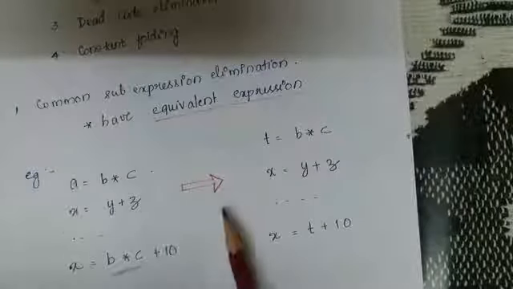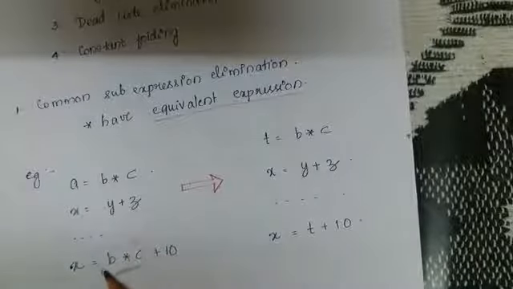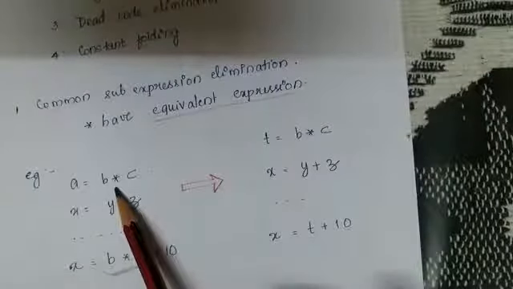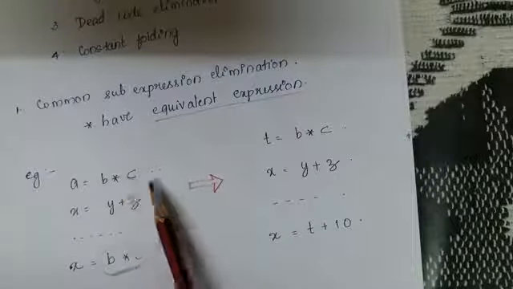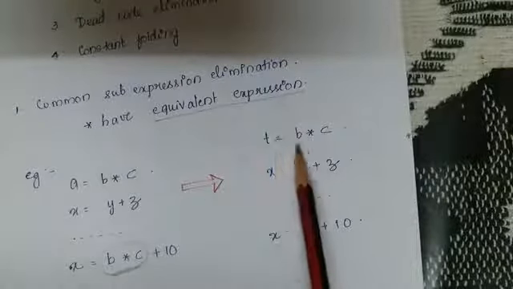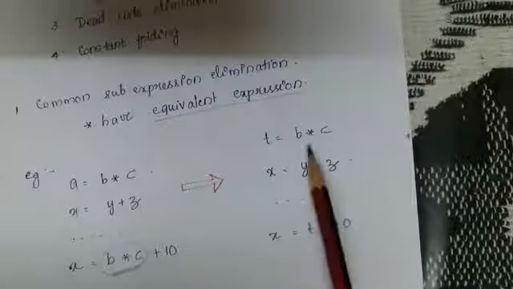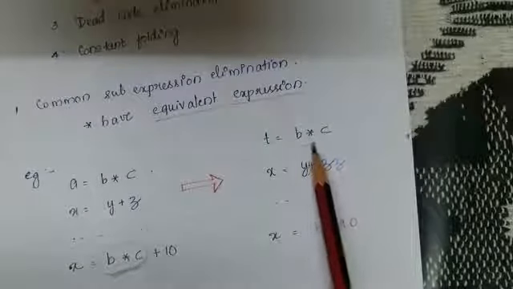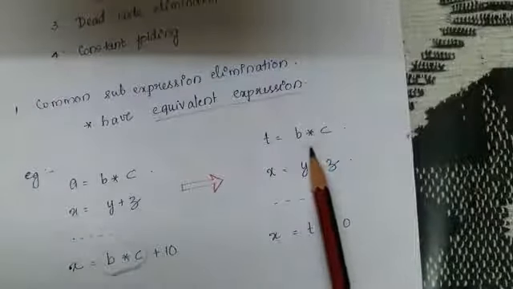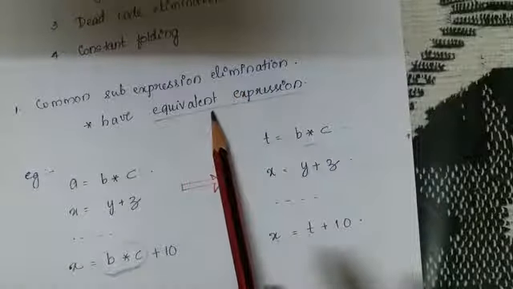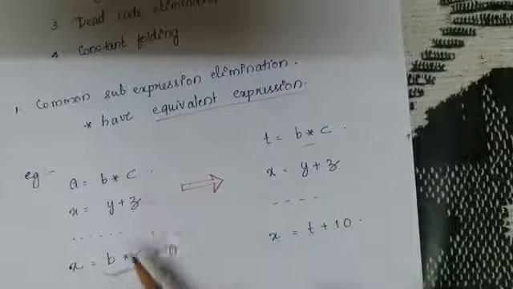It is a common sub-expression which has been computed earlier as A = B * C. If we eliminate it, we set T = B * C, and when we need B * C again, we need not calculate it; we can substitute T. This is known as common sub-expression elimination.